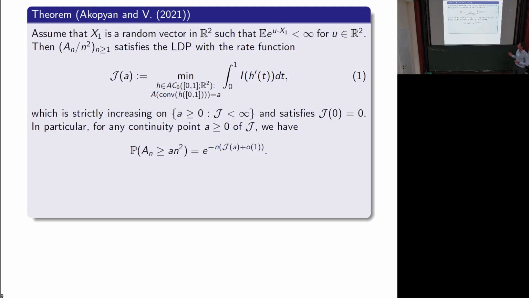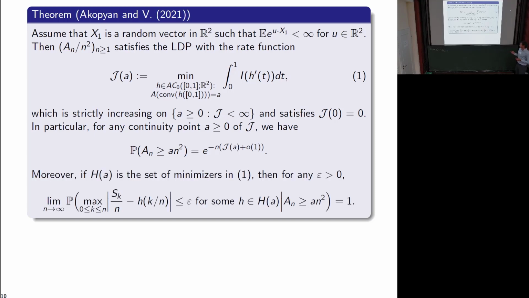So this is the LDP, and as usual for most LDPs, we can say that given this event of large deviation of the area, the trajectory looks like one of the minimizers of this function.